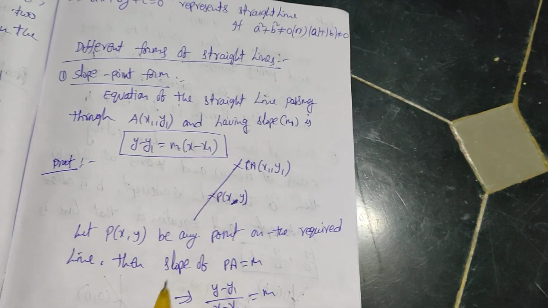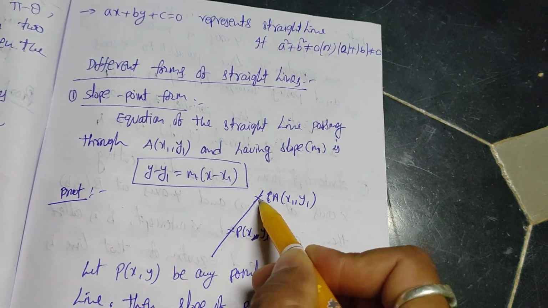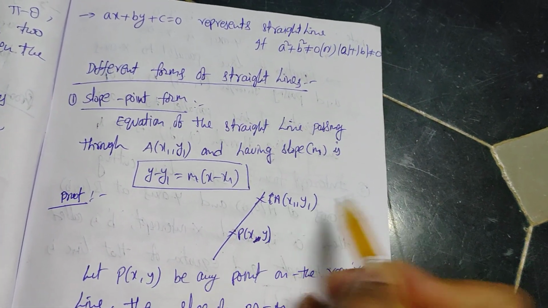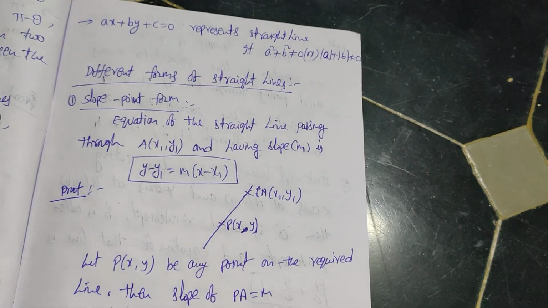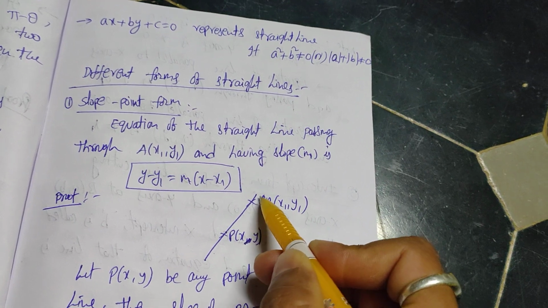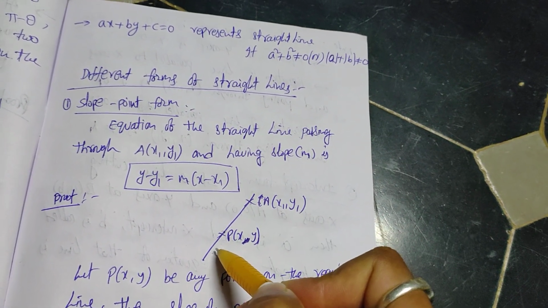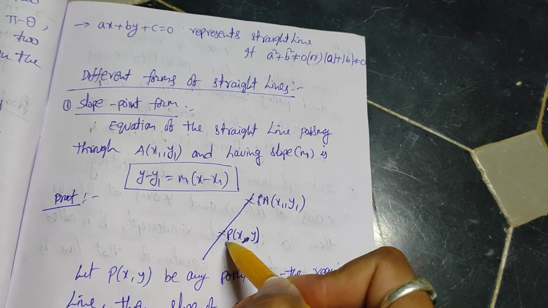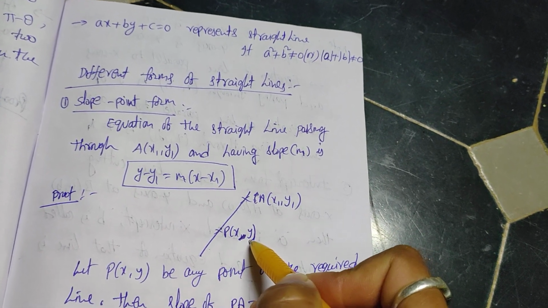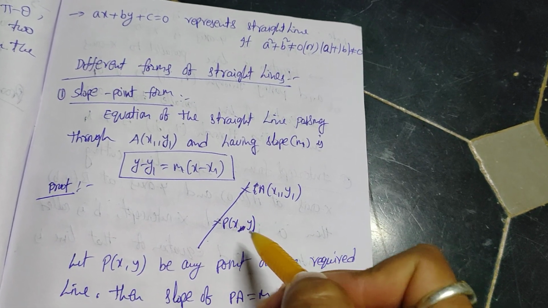The proof of this is as follows. Let us consider this is the straight line and this straight line is passing through A(x1, y1). If you want to find this line equation, we have to take any point P(x, y). That means P(x, y) is any point on the required line.